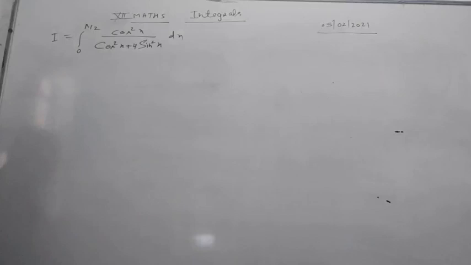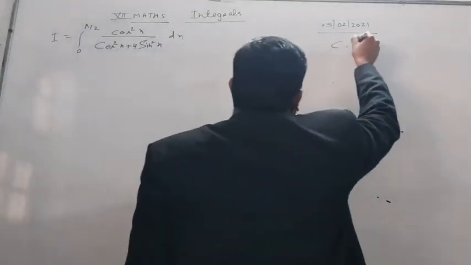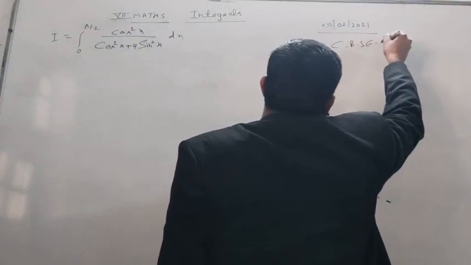This is our integral, students, and this question was asked in CBSE 2012. Okay, our question is the integral from 0 to pi by 2 of cos square x by cos square x plus 4 sin square x dx.